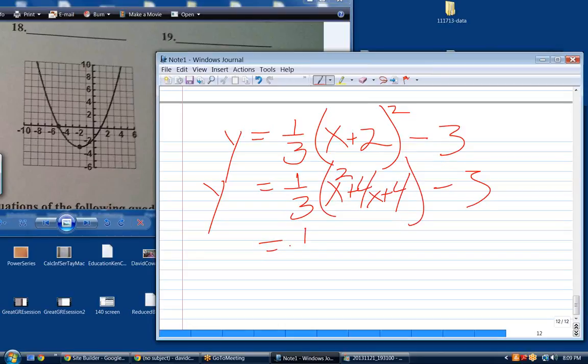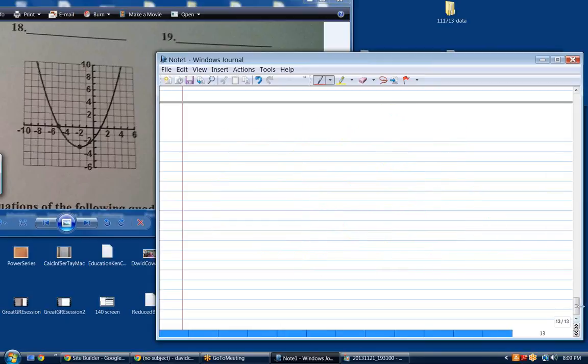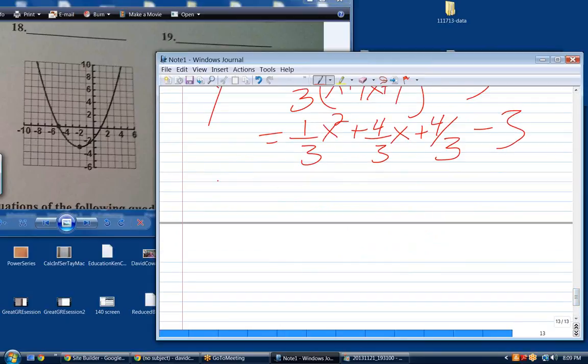That turns into 1/3 x squared plus 4/3 x plus 4/3 minus 3, and then the final one is y equals 1/3 x squared plus 4/3 x minus 5/3.